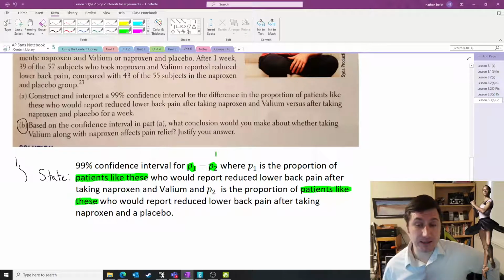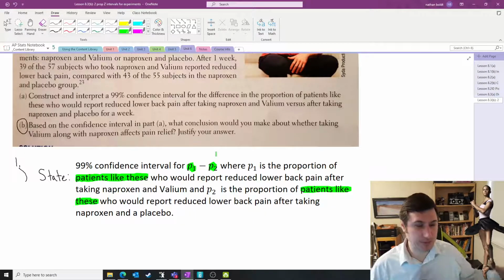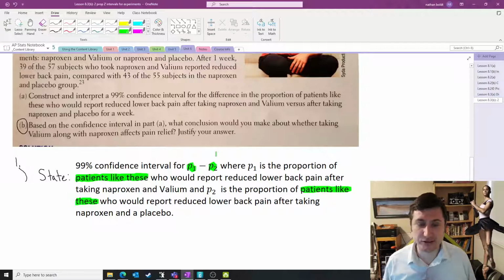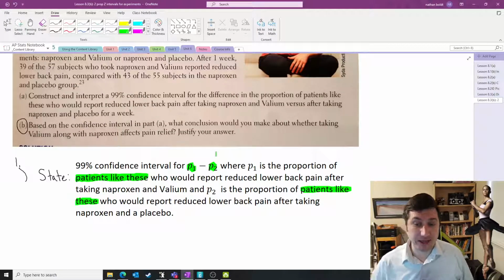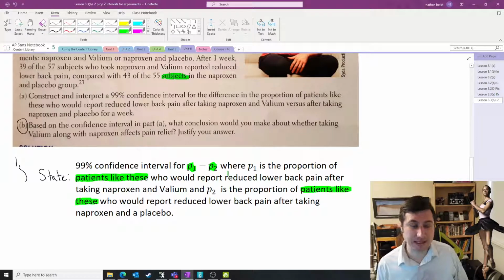You don't want to say patients that have had the surgery, because we are trying to generalize this to people who might have this experiment. It's not surgery in this case, is it? It's just these drugs, who might take these drugs in the future. So you don't want to say patients that have taken these drugs. That makes it sound like you are talking about the subjects in the study if you say that they have taken it already. You want it to be patients like these that we have in the study, who might take it later.